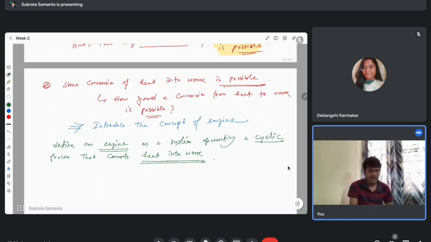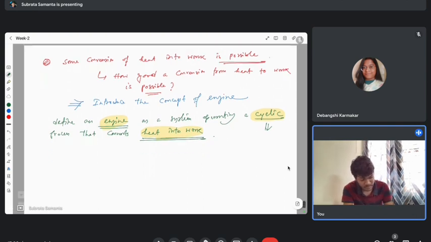Okay. So there are a few things here. It's a system, the operation is cyclic, and it converts heat into work. Cyclic means that it operates again and again, continuously, producing a steady power.